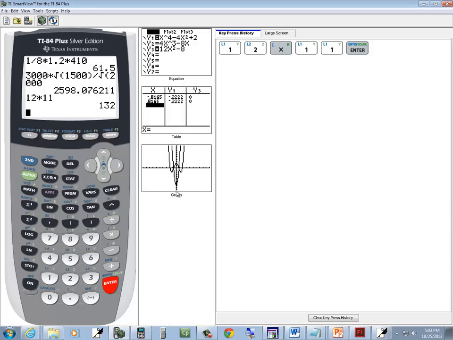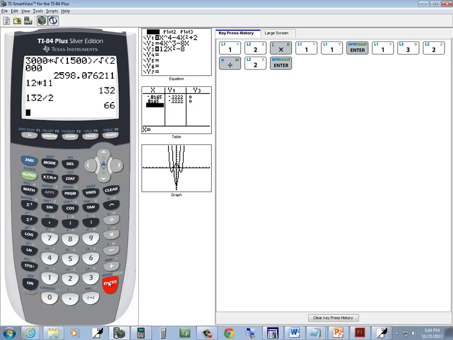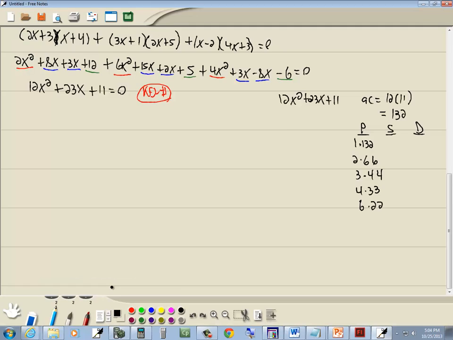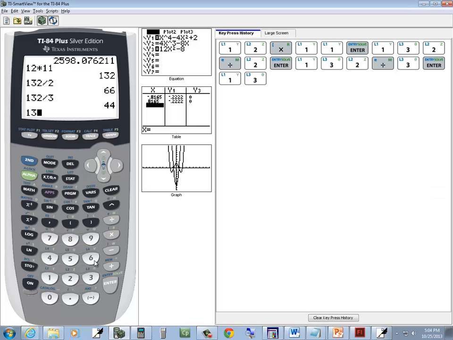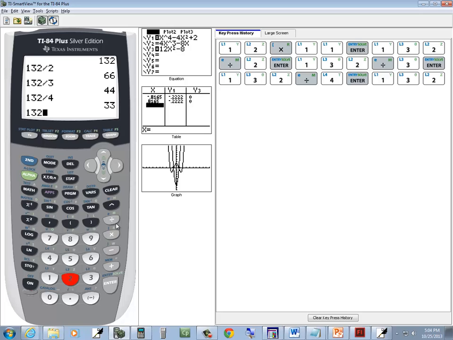I'm not going to trust myself on that. 132 divided by 2, 66. 132 divided by 3, 44. 132 divided by 4. How bizarre they're coming up double digits like that. 3, 3, 4, 4, 6, 6. 132 divided by 6. Sure enough.